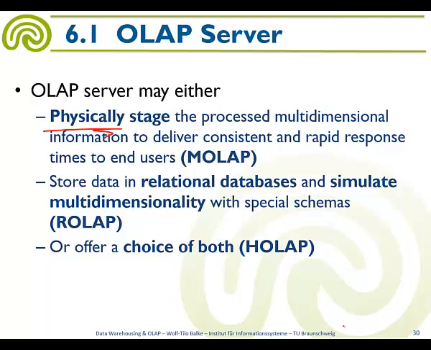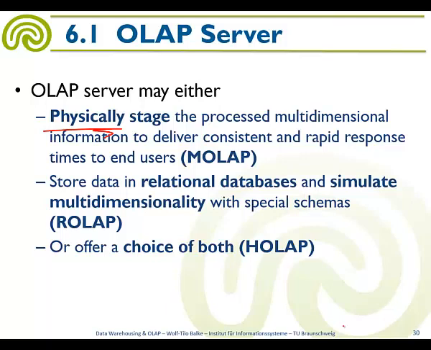If you store it in a relational database, you need something in between, the database management system, that kind of simulates the multidimensionality of the data. And it does it with special schemas. We talked about star schemas, we talked about snowflake schemas, right, that show multidimensional data in a relational, that means two-dimensional way, and then just does the connections with the foreign key constraints that you have between the dimension and the fact table.